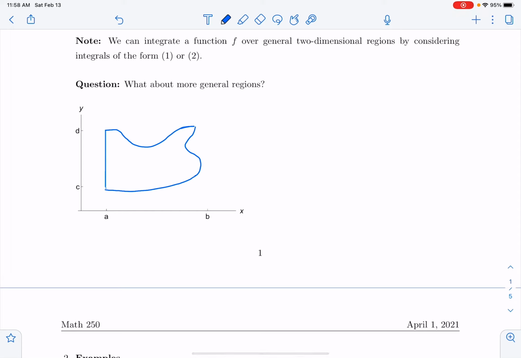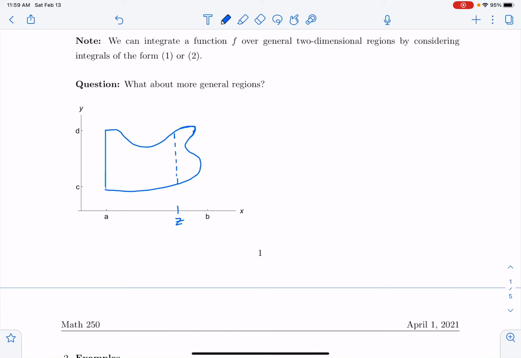Let's make this a little more smooth. Okay, so this region is neither a type 1 nor a type 2 region, but what I can do is split it into a type 1 and a type 2 region. So I can find some point, I'll call this point Z, and I can split this into two regions at the point Z.